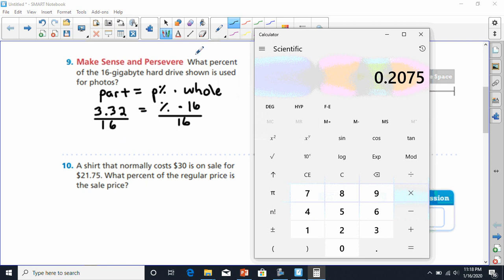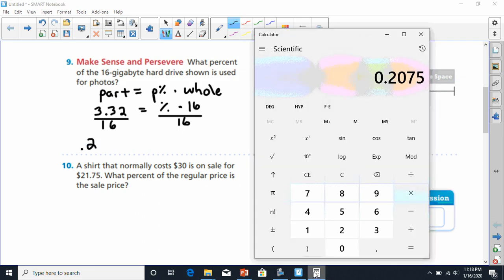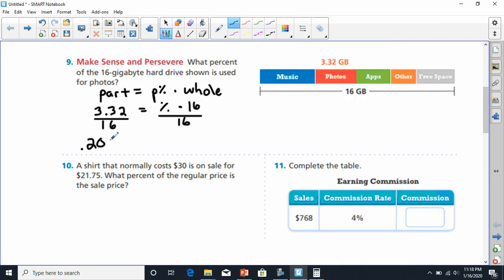Let's see, it says what percent? 0.2075. Okay, now we have to figure out what percent.